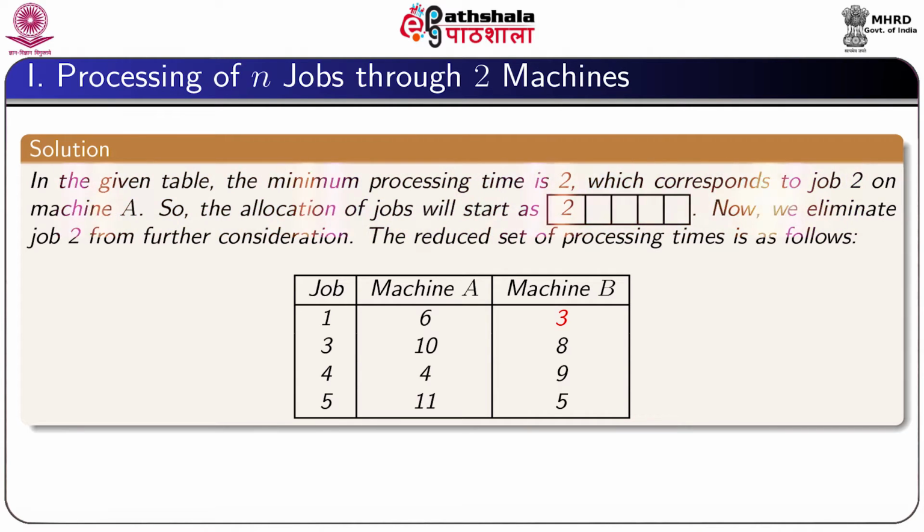Now, we eliminate job 2 from the table and then the reduced set of processing times is as shown below. Now, we have 4 jobs 1, 3, 4, 5 and their processing times on machine A and B are shown in this slide.